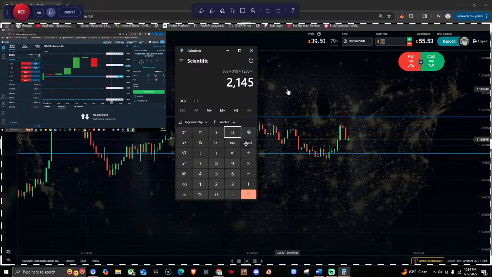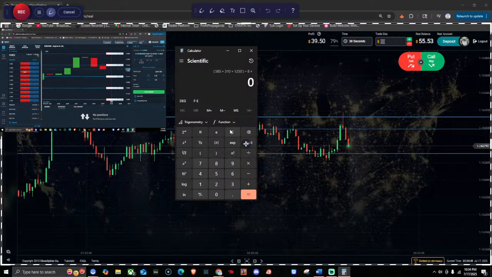So I take 2145 and I divide that by 8. 200, and let's call it 265 just for simplicity's sake. 265, and $2 in profit per contract.